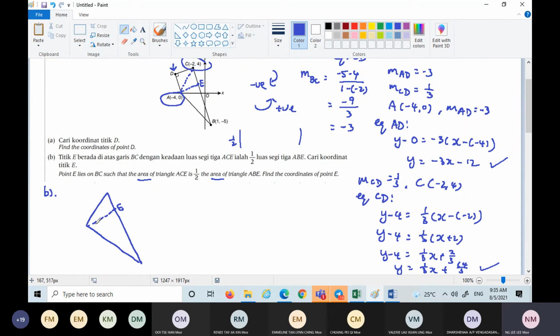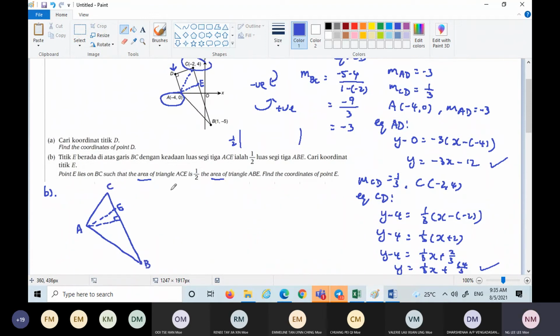Okay, let's say this is E. This one is the 90 degree. So this is point C, A, and B.